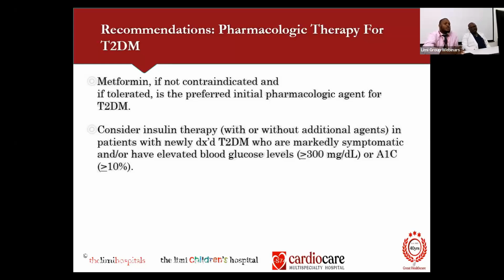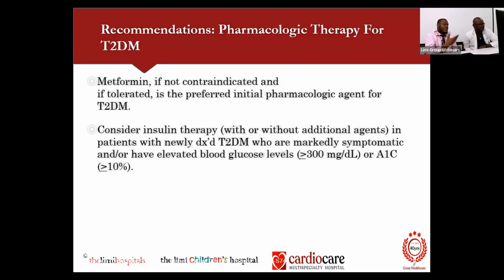Then we should also learn to consider insulin therapy in patients that are newly diagnosed but are markedly symptomatic or have markedly elevated blood glucose. So you meet a patient in clinic with a sugar of 300 milligram per deciliter, please don't withhold insulin therapy. You can actually start insulin therapy at that point in time. Another thing is the A1C.